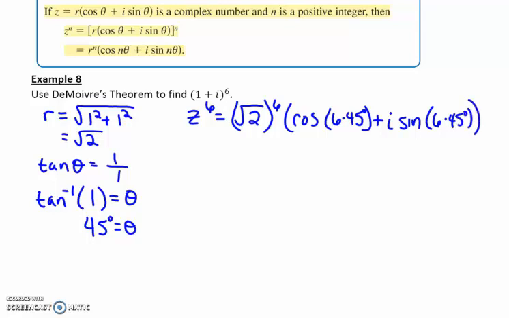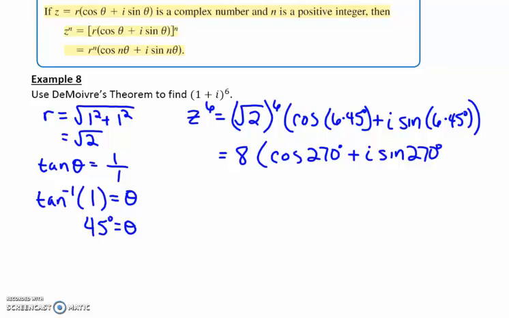That multiplication by 6 is important because it will help us know what quadrant we're in. The square root of 2 to the 6th power gives us 8, and this ends up being 8 times cosine of 270 degrees plus i sine of 270 degrees.